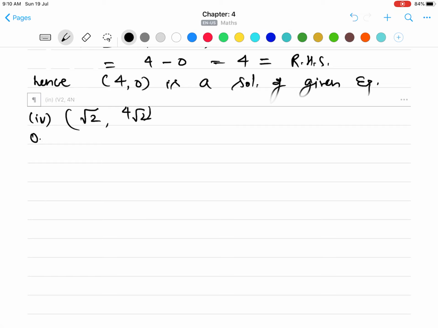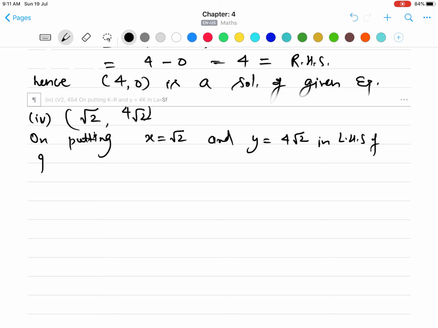So on putting x equals root 2 and y equals 4 root 2 in the left hand side of the given equation, we have, at the place of x we write root 2 and at the place of y we write 4 root 2. The left hand side is x minus 2y.